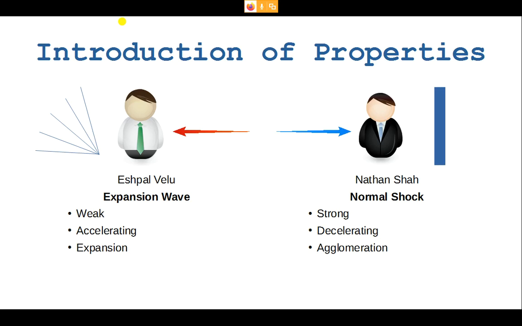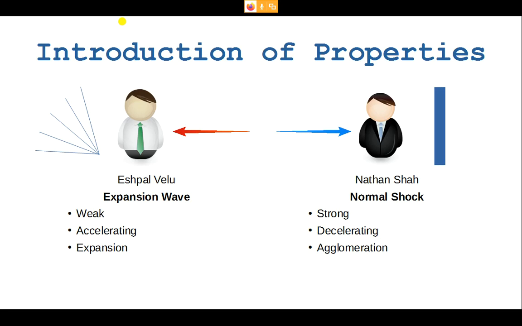I have to emphasize that a normal shock has a strong say characteristic. Whatever passes through the normal shock will be decelerated, and the particles are also agglomerated to form a normal shock. On the contrary, an expansion wave is weaker than a normal shock.